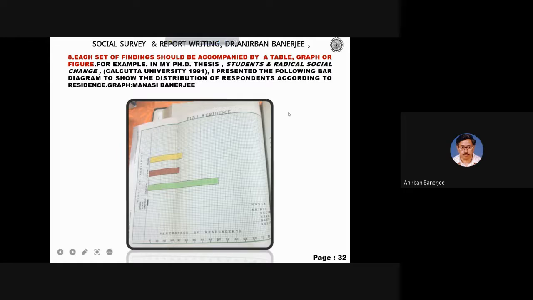The object is to demonstrate the distribution of respondents according to residence. You can color the bars of the diagram, or you can use various forms of shading.